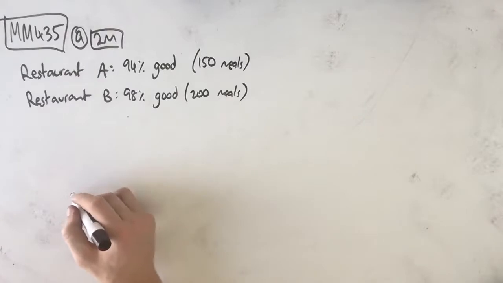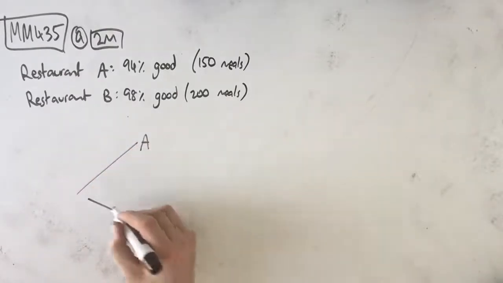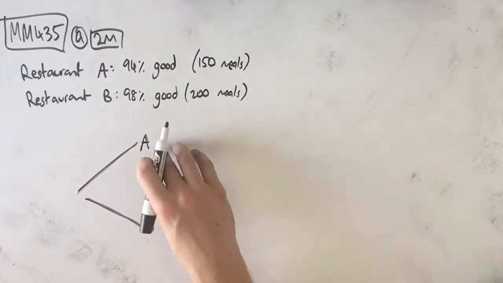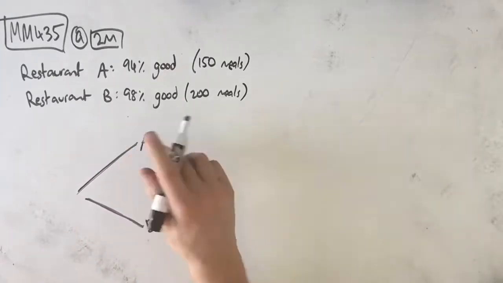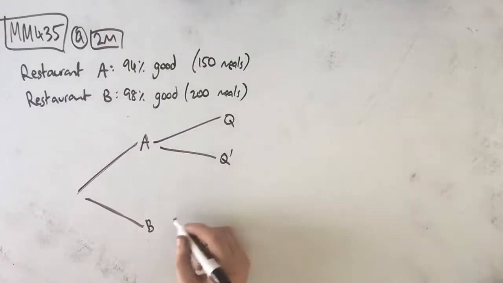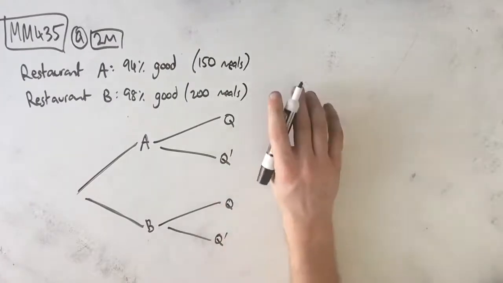So on any given day, Paige can choose to go to Restaurant A or Restaurant B. If she goes to Restaurant A, she can either have a good quality meal or not a good quality meal. If she goes to Restaurant B, same thing. It can be good quality or not good quality, right?